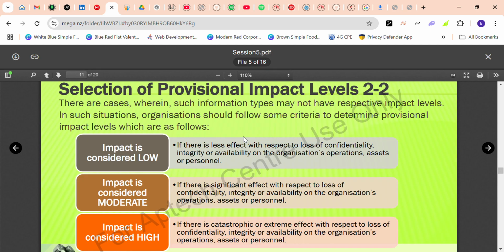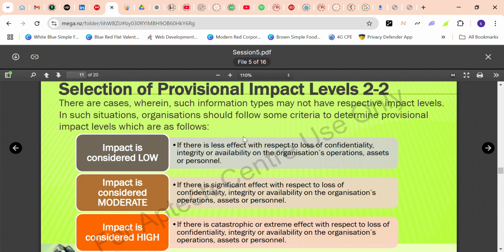We are talking of personnel, your staff; assets, the information you use; and operation, how you run the services. Are you with me? If it is low, even if there is any loss of confidentiality, availability or integrity, it will not affect the business operation, the services or the personnel, or maybe you are not breaking the law.